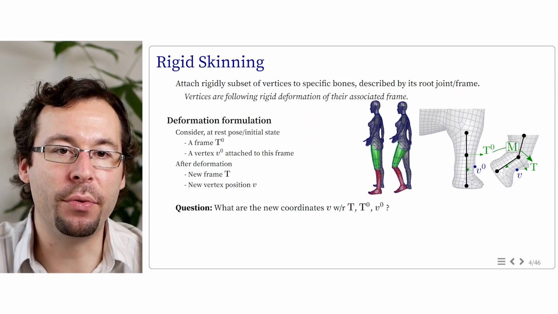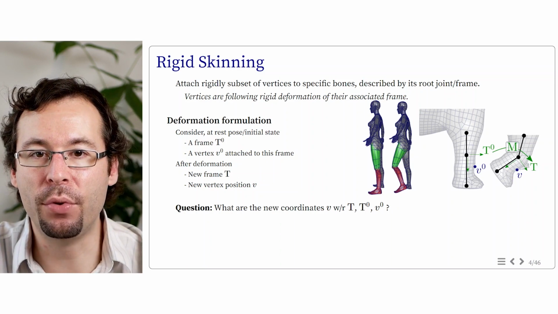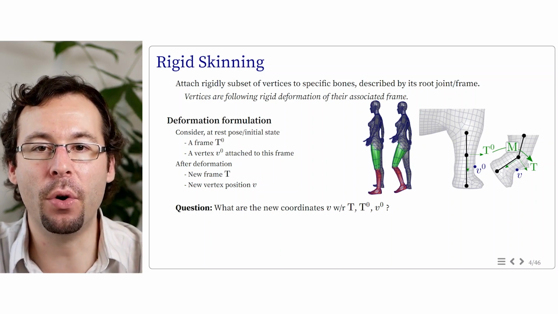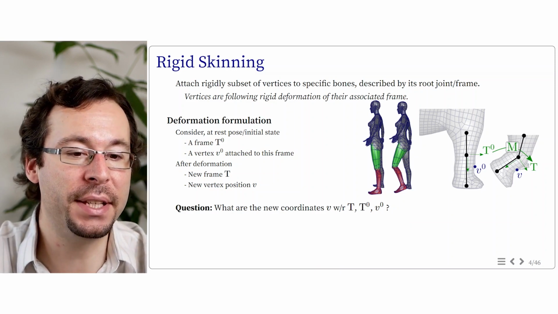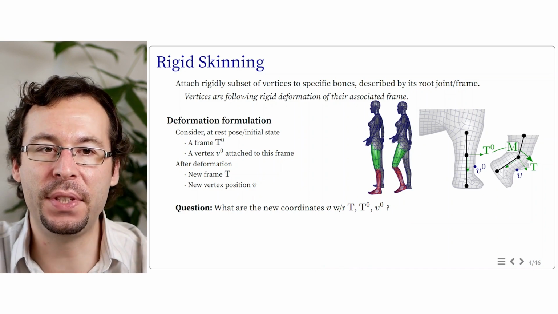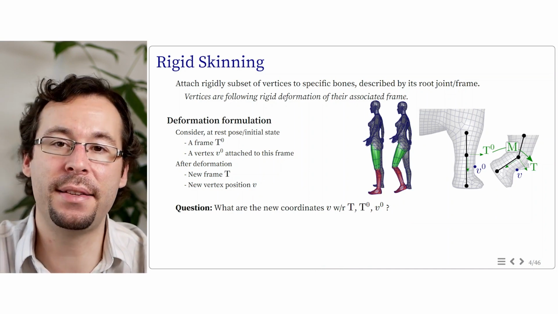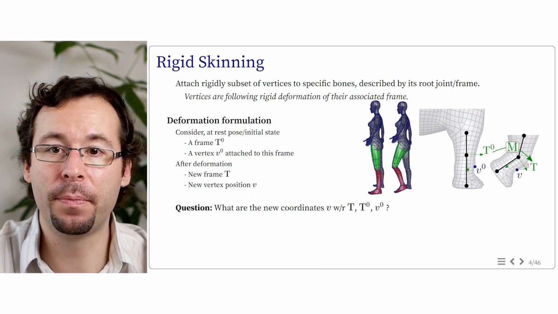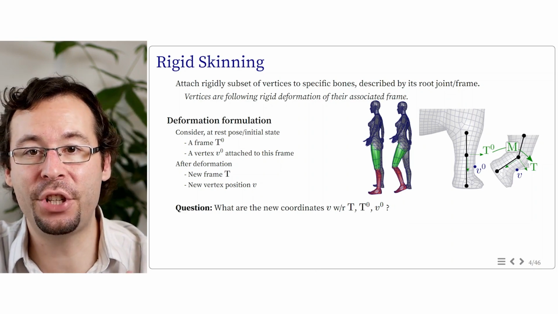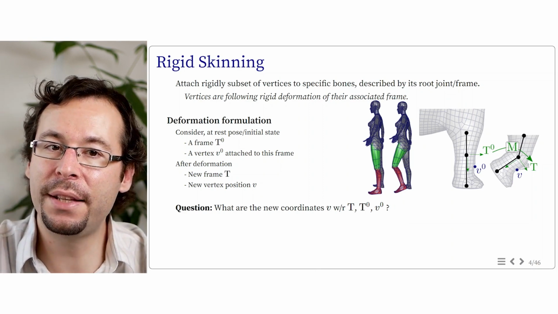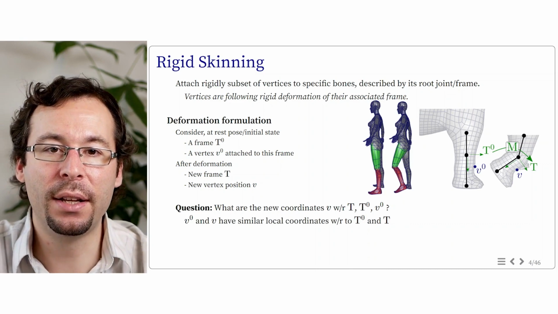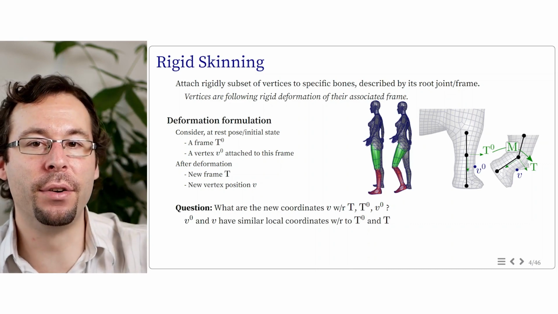Actually, there are several ways to find the answer. One way is to look at the local or relative coordinates of V and V0 with respect to their respective frames T and T0. We can represent the relative coordinates of V0 with respect to T0 as T0 inverse times V0. And during the animation, as the vertices are rigidly attached to the frame, the relative coordinates of V remain the same with respect to T. So V is not moving in its local frame.